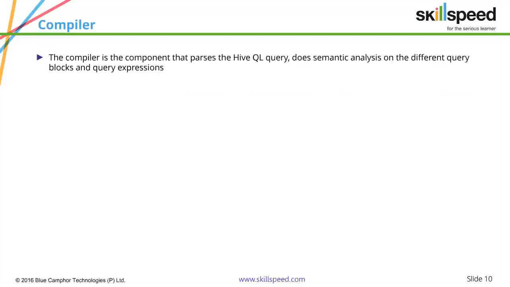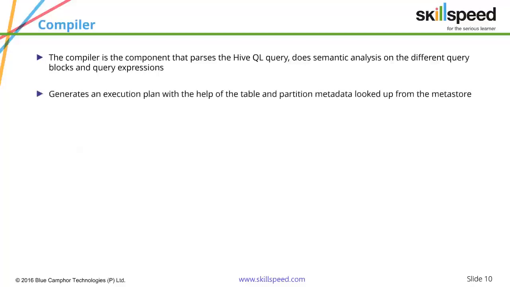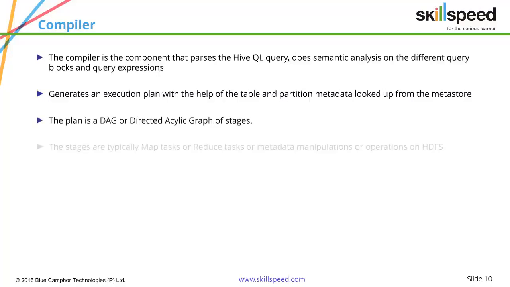Once a particular query is analyzed, it will generate an execution plan to execute your query. The plan is usually carried out as a directed acyclic graph of stages. Usually there will be a set of map or reduce tasks to execute your Hive query as a plan.